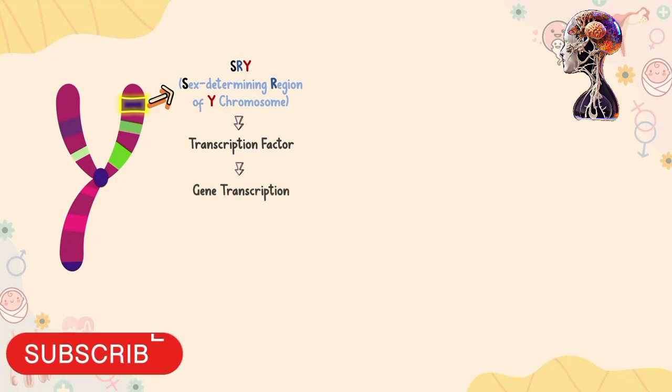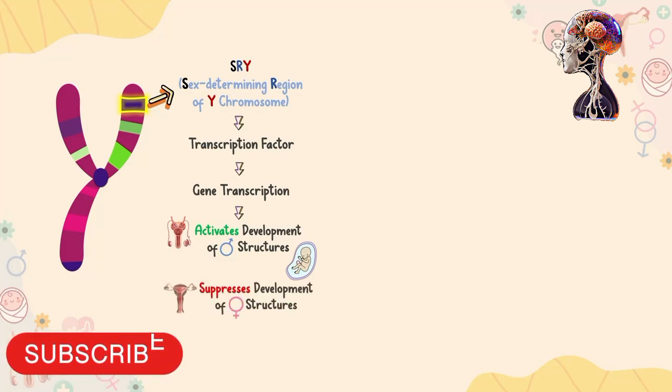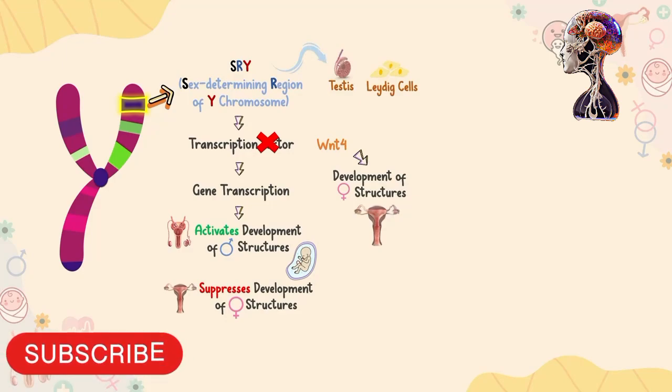SRY activates gene transcription, directing the development of male structures in an embryo, and also suppresses the formation of female structures. The absence of the SRY transcription factor, along with the expression of the gene called DAX1, causes the development of a female body to occur.